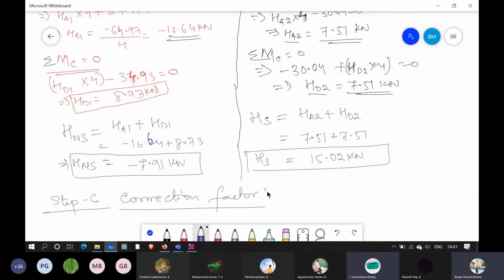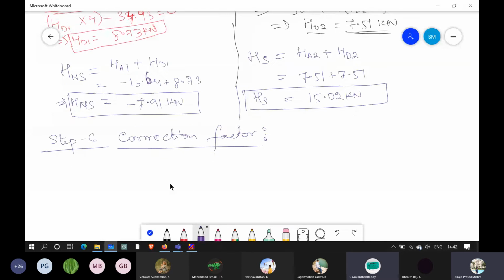Please mute your mics. So the correction factor is, we have summation H equals HNS plus X into HS. Now we have to determine the value of this correction factor, which is given by X.